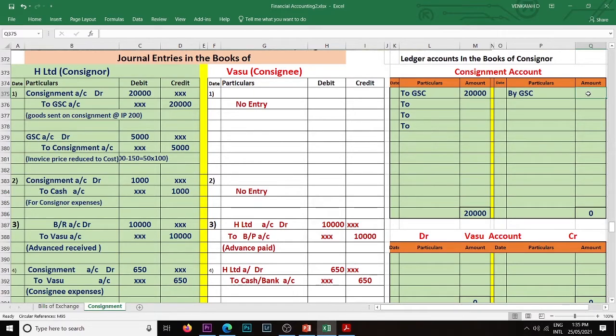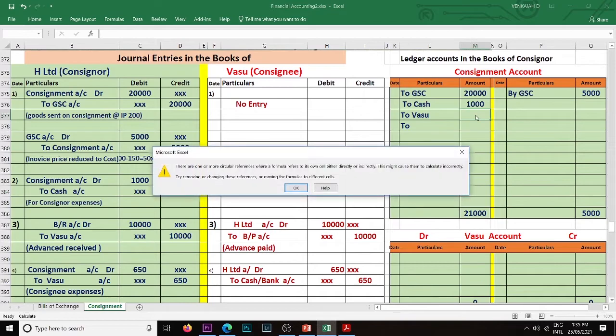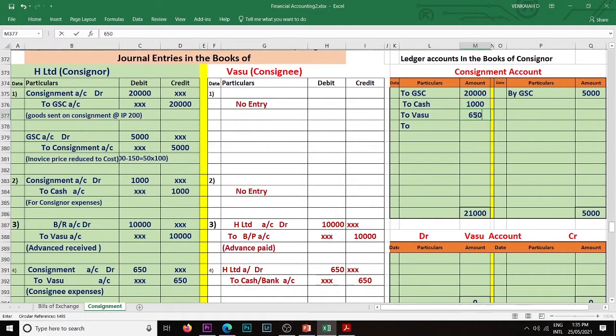GSC 5,000. Right? Next, look at your textbook, the notebook. Consignor expenses to cash 1,000. Consignee expenses to Vasu 650. Sales by Vasu.